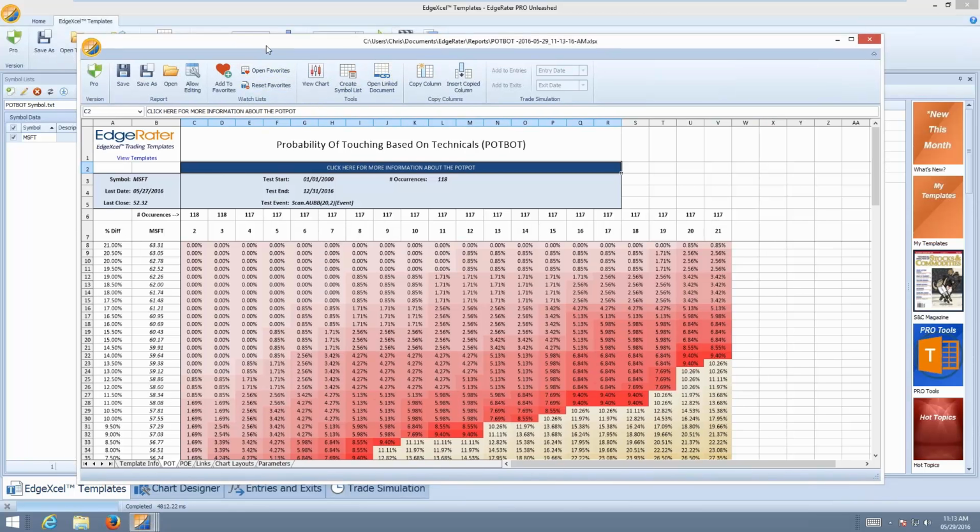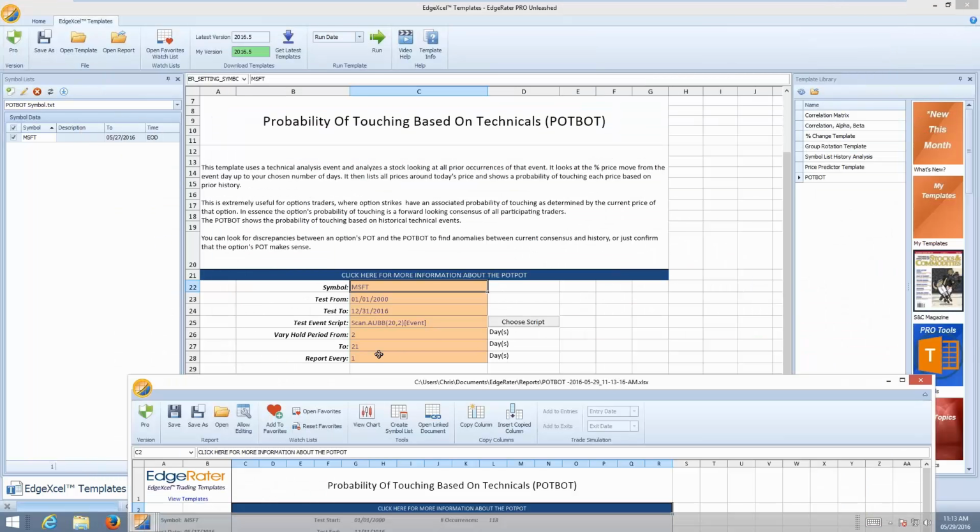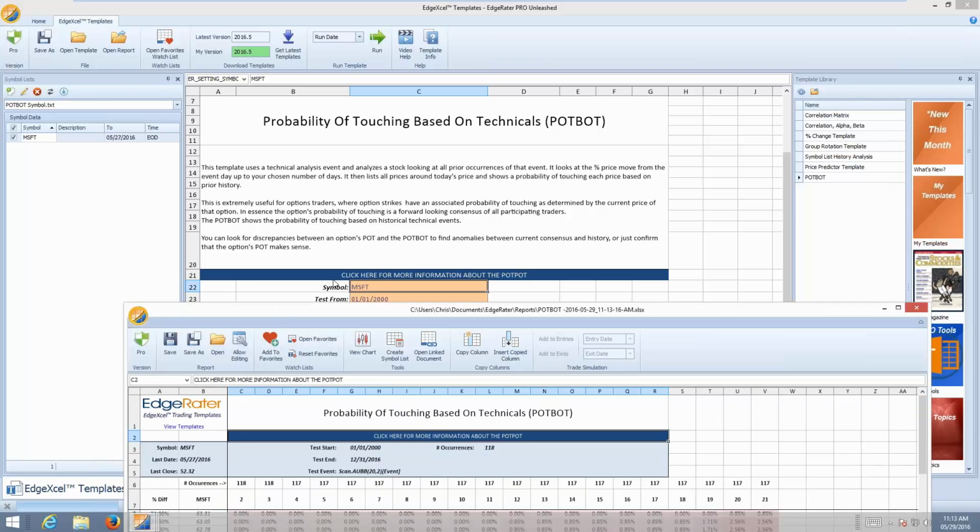Before I look at the results, let's just show what's happened in terms of symbol lists. Because there wasn't enough data, it downloaded data, created a brand new symbol list called POTBOT symbol, and put that symbol in there. So next time I run this, it won't have to download that data, it will just use the data from here. Hope that makes sense.